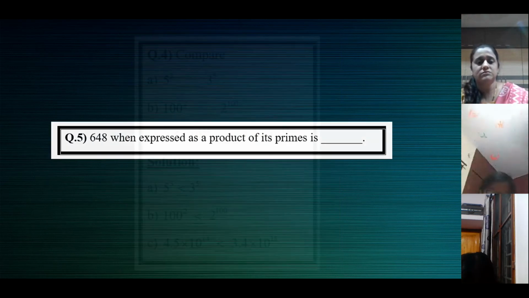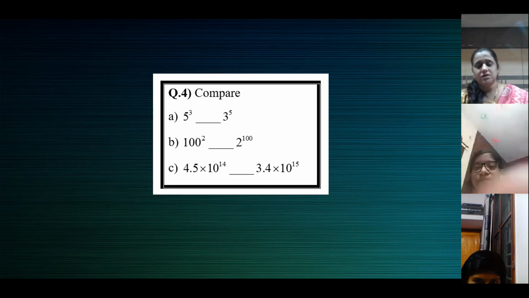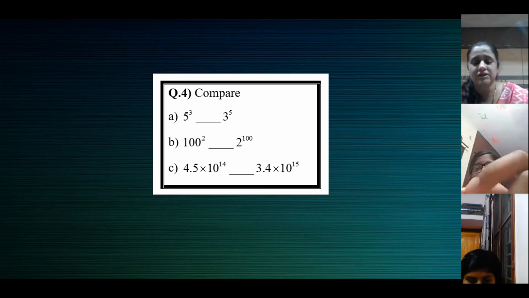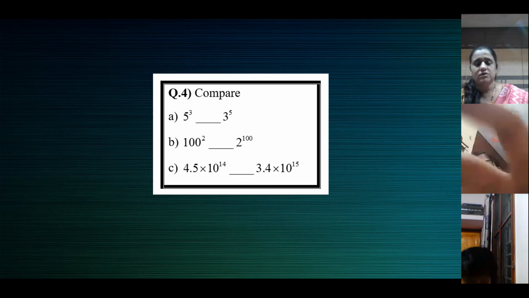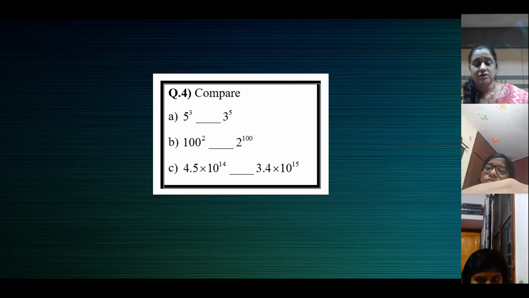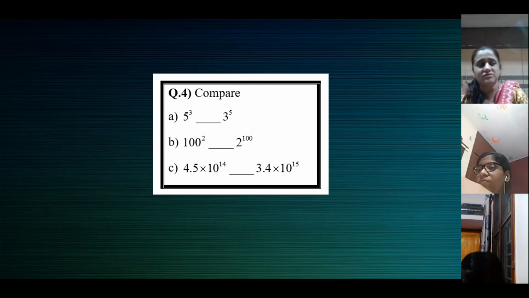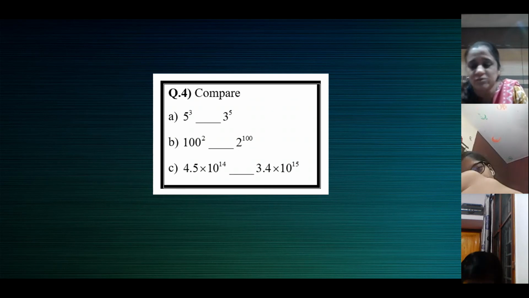Compare means you'll have to use a sign greater than, less than, or equal to. You can guess here. You can calculate if possible. If it's difficult to calculate, if it's time consuming, you can make a guess. Guess meaning you think logically and figure out, no, this cannot be big or this cannot be small.